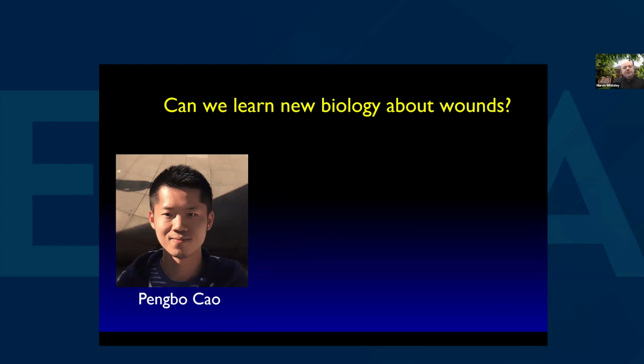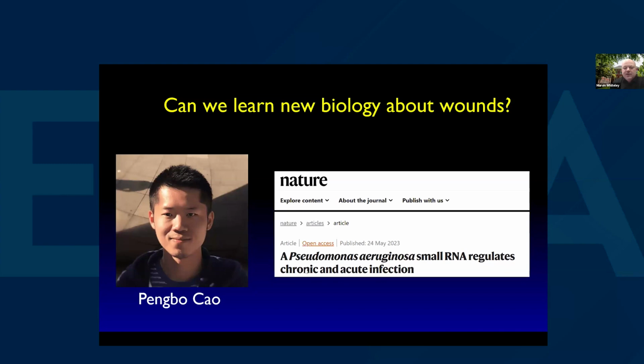It turns out that this was a small RNA and it controlled whether Pseudomonas sat as a chronic infection or moved on to an acute infection. It was this toggle switch: if it's highly expressed, it sits in a chronic infection. As expression wanes, it moves out and it's more of an acute infection.